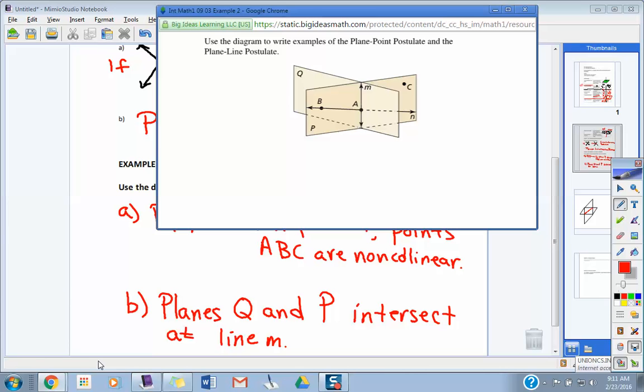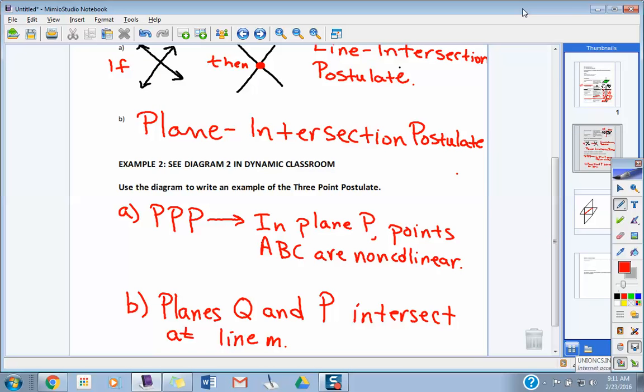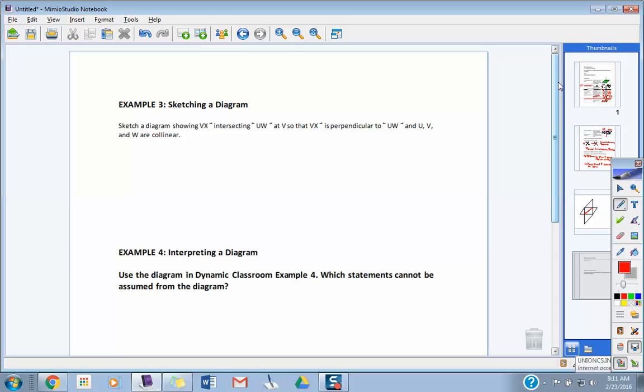All right, I'll get through example 3 and we're going to cut it off there. Example 3 is pretty easy. It's going to talk about sketching a diagram. This didn't print out the best way, but this is the best I knew how. This says ray VX, so you might want to put a ray symbol above VX. This is supposed to be line UW, and this is supposed to be ray VX.